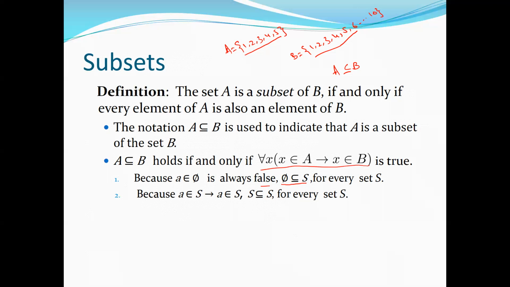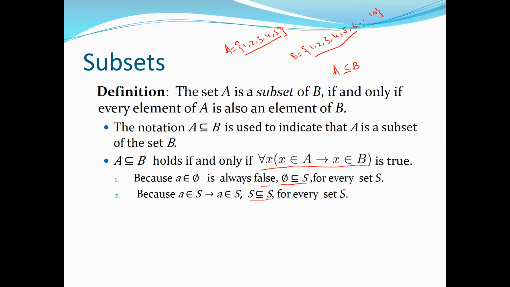And because A is a member of S implies that A is a member of S, S is a subset of S itself. So every set is a subset of itself as well.